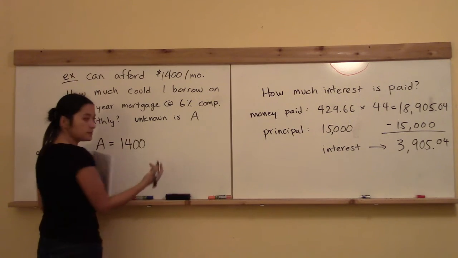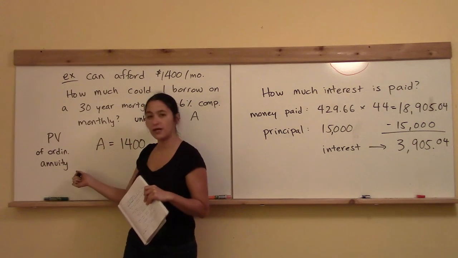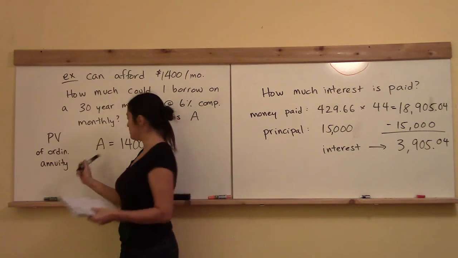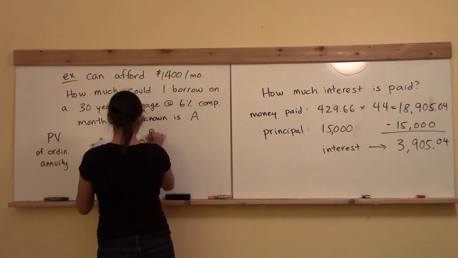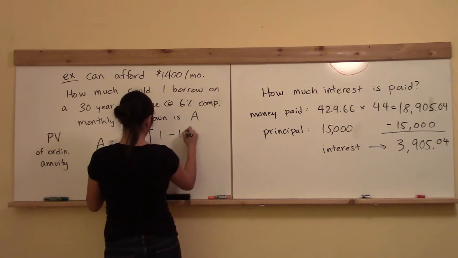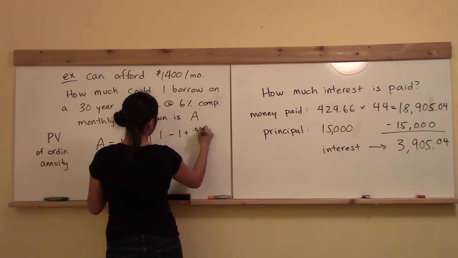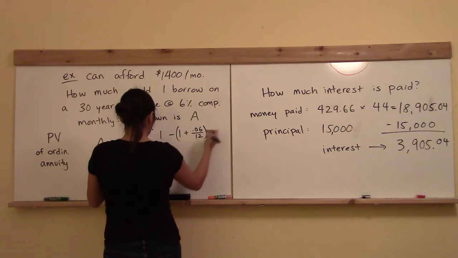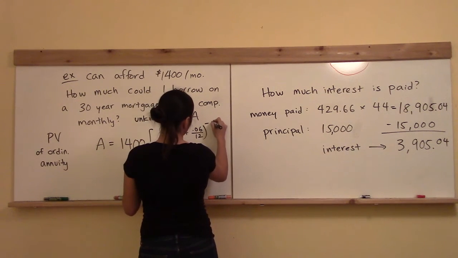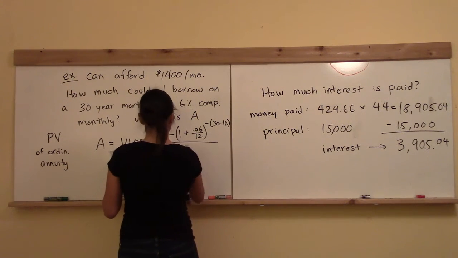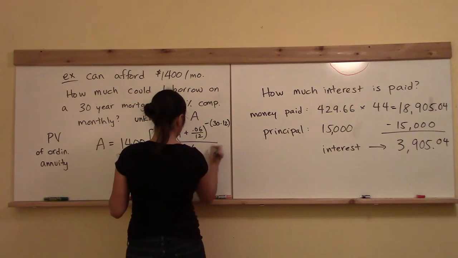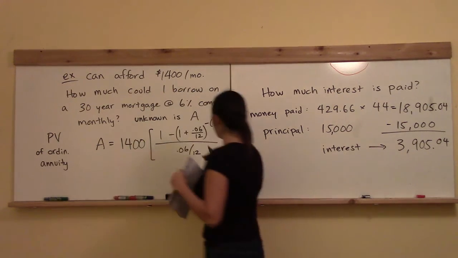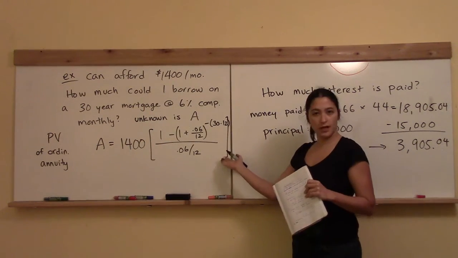And I'm going to go back to my notes and see what's my equation for the present value of an ordinary annuity. And that is R, 1 minus 1 plus the periodic interest rate, raised to the negative number of payments. Here that's 30 years times 12 times a year, divided out by the periodic interest rate just like that. Okay? So that's what you have right there.